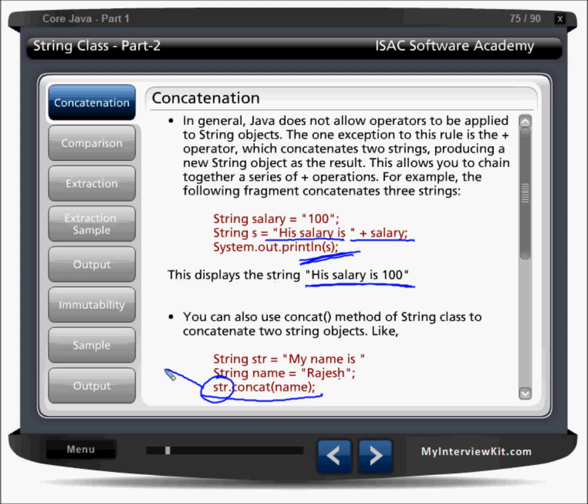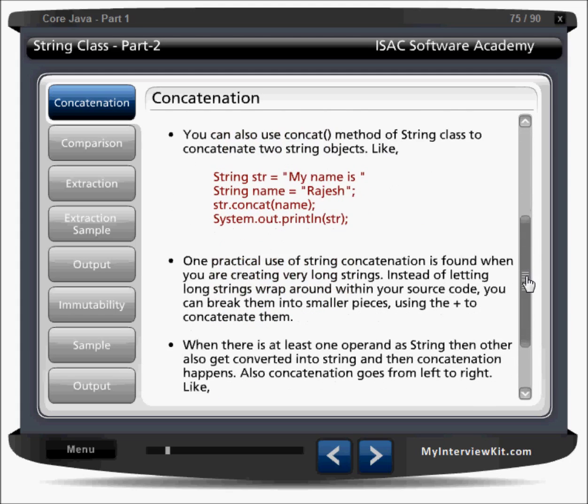Then what value will come? You must remember that a string is immutable. So str remains the same, "my name is" only, right? If you print str, you won't get the whole value here.